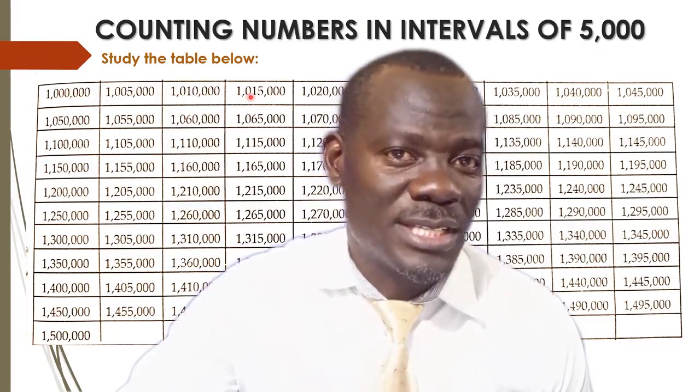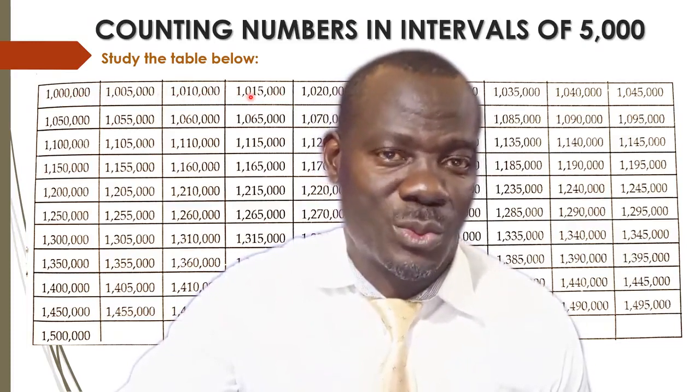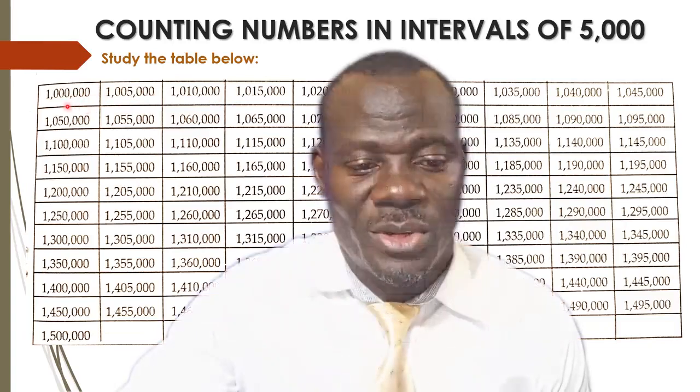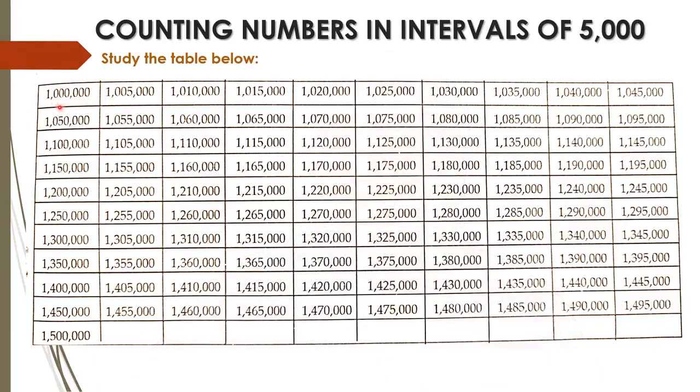It tells you that the difference between the first and the second is 5,000, and between the second and the third is 5,000. That is the clue that is there throughout this table.